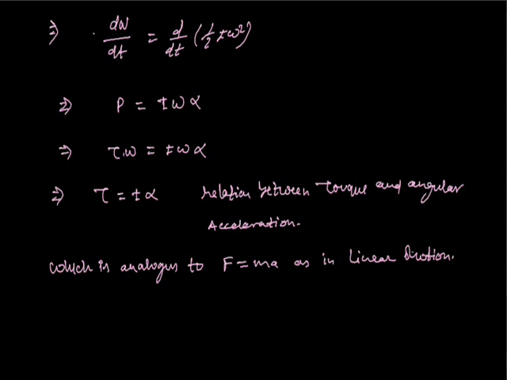So as force produces acceleration in linear motion of a particle or body, torque produces angular acceleration in a body. Angular acceleration is directly proportional to the applied torque and inversely proportional to the moment of inertia of the body. And it can be called Newton's second law for rotation about a fixed axis.